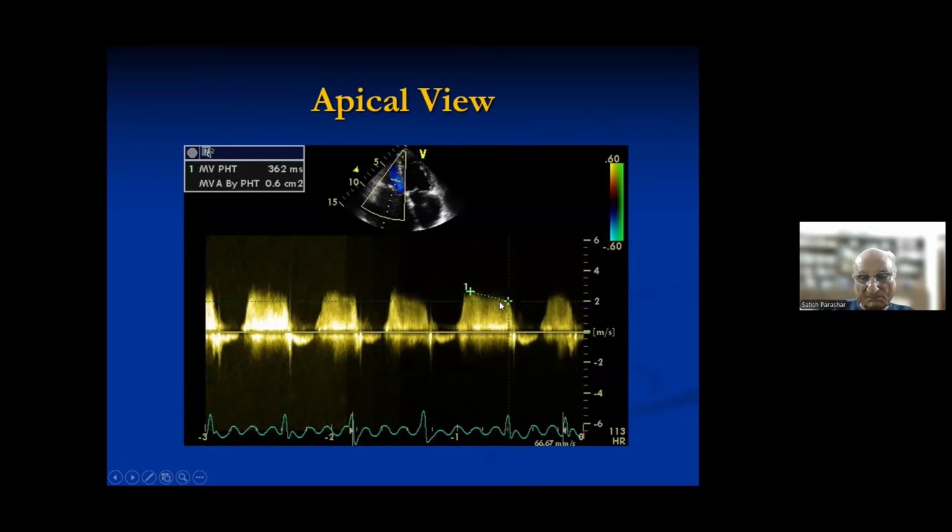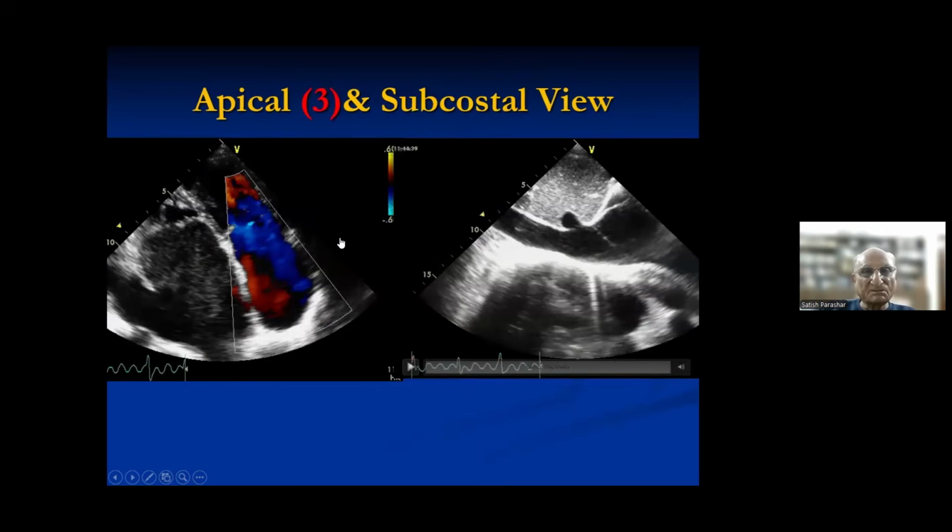As I told you, one mitral valve area. Then you see the subcostal view, where you see the IVC and severe TR.